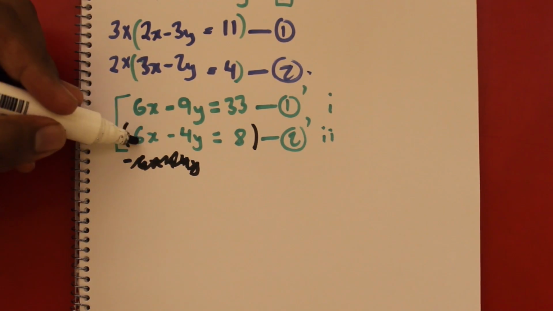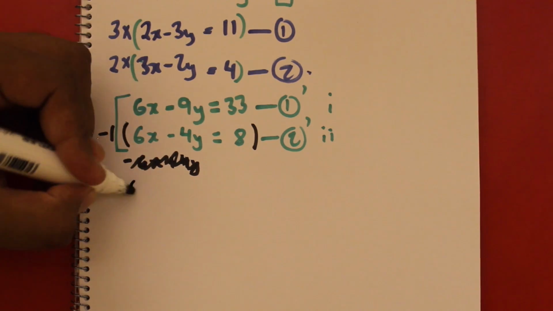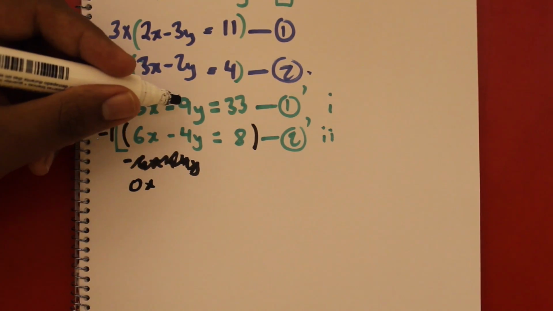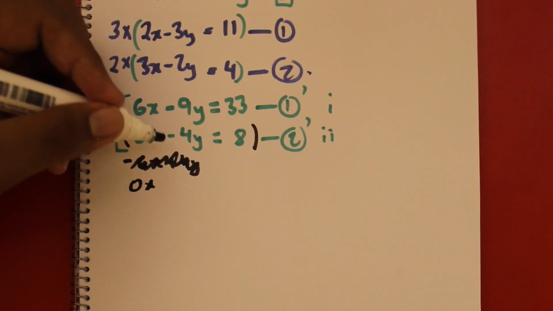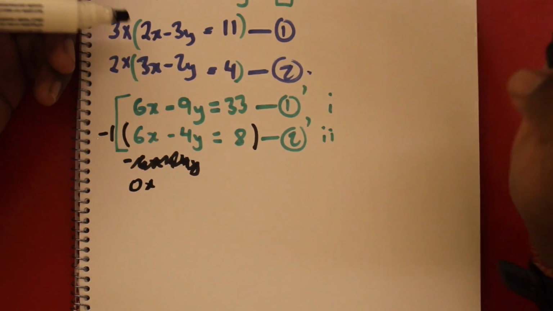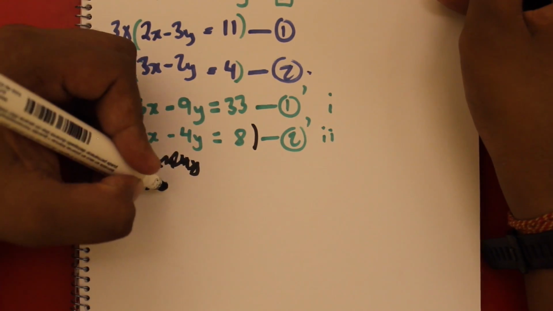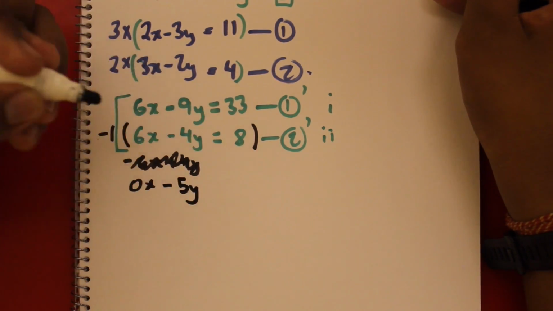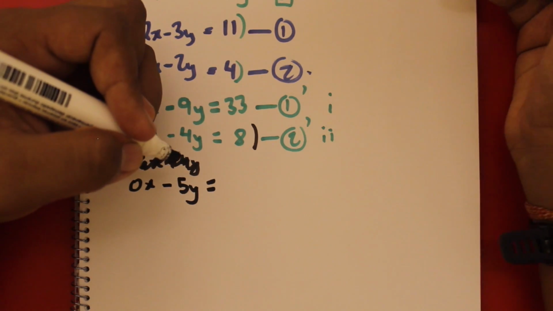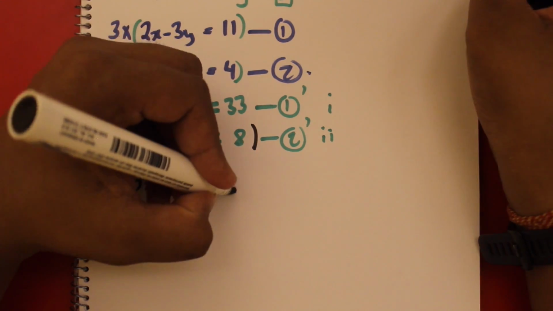So 6x minus 6x gives me 0x, minus 9y minus 4y. Because there's two minuses, it becomes plus, so it's minus 9y plus 4y. That gives me minus 5y. And 33 minus 8 is going to be 25.